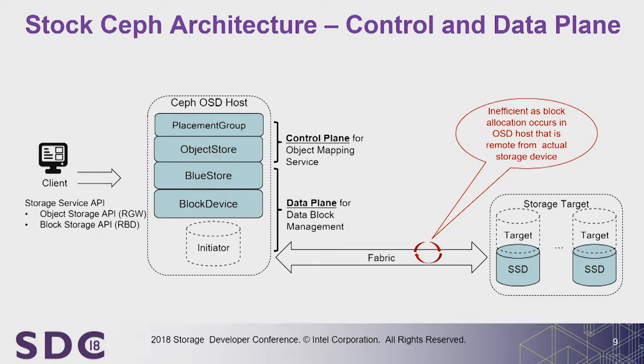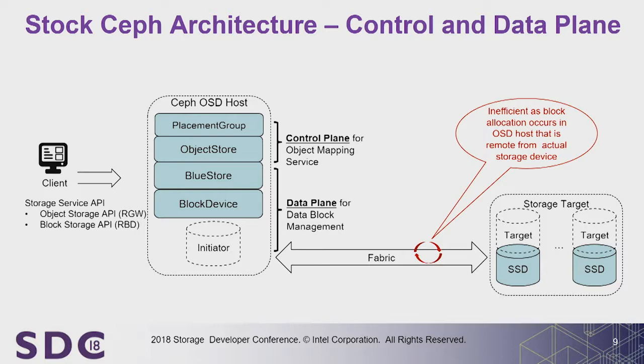So let's go to the next level down, about what we are referring to as the control and data plane, and what we are talking about separating here. If you look at the Ceph OSD stack, there's actually a clean layering already in there. The part we refer to as the control plane is really the object mapping service.